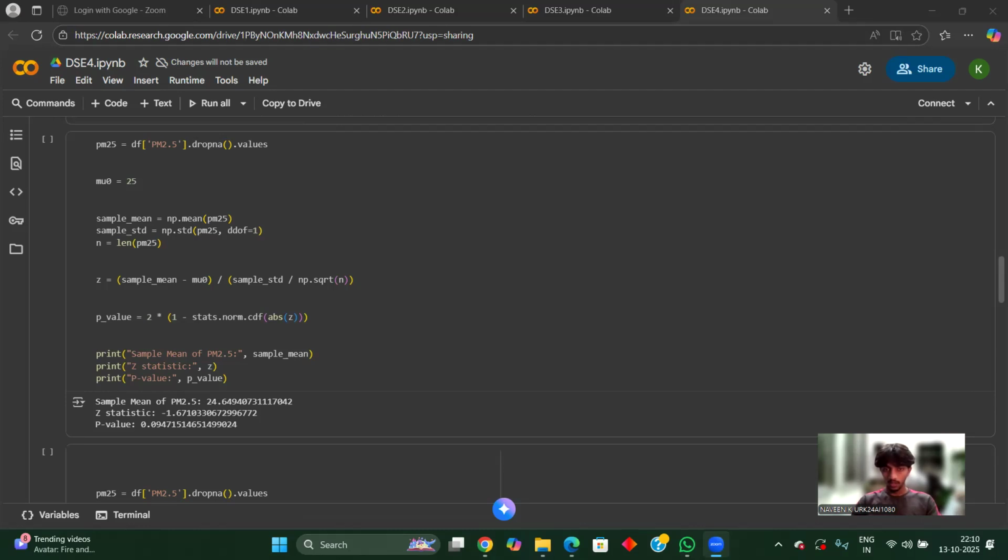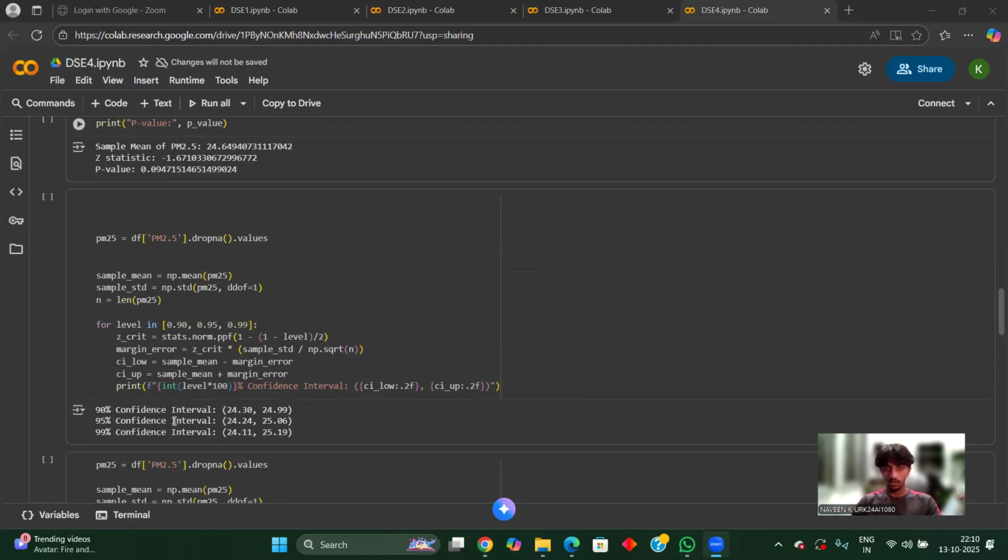We compute the Z statistic using the formula. The p-value is calculated to assess statistical significance. A small p-value indicates the observed mean is significantly different from the hypothesized value.